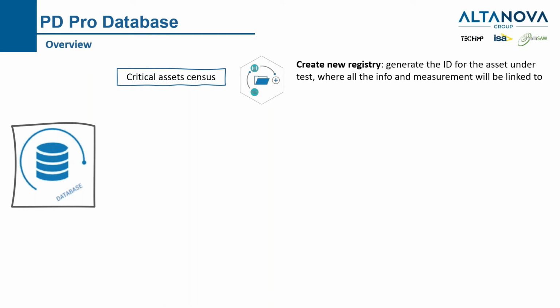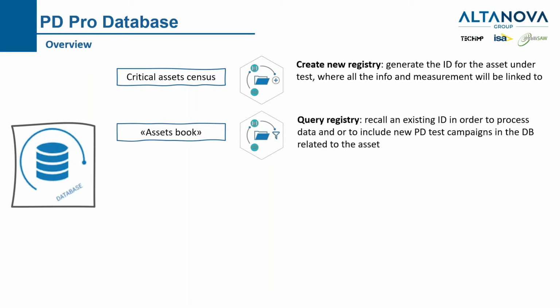We can build its, let's say, identity card, and all the current and future acquisitions can be linked to its registry, which is unique for each detection point. Then we have the asset book. Once we have a DB, we can browse the registry that we have created in the past to retrieve PD acquisitions or to start a new PD session and save new PD data.